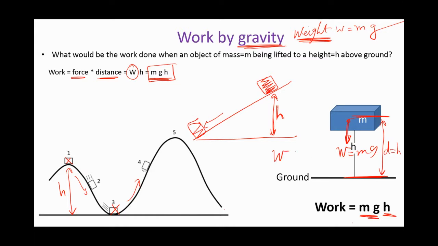The force times the distance. So W, the work done by the gravity, equals weight times height. The small w is weight. Weight times height, and I know that weight is mass times gravity. So it's mgh. This is also valid for any case.